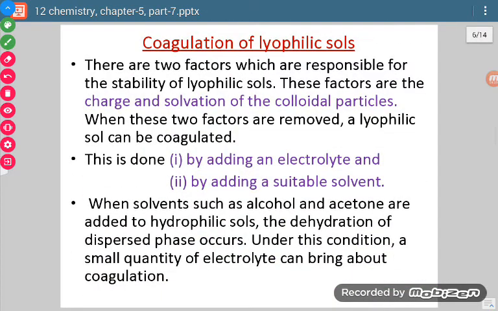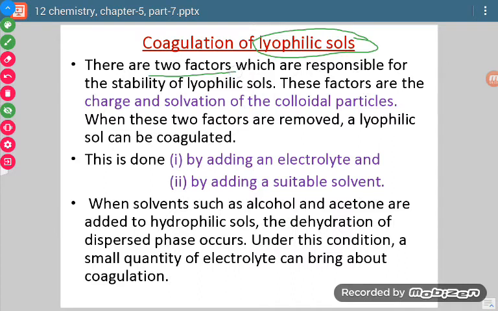Okay. Now one more thing, how can we coagulate a lyophilic sol? Now why are we discussing it separately? Because lyophilic sols are very much stable. Okay. So if we want to coagulate a lyophilic sol, then how is it possible? Now why are these so stable?